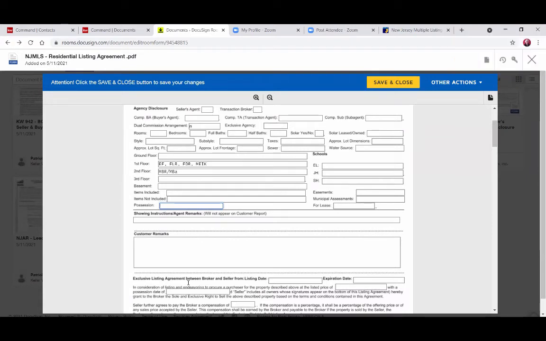However, if the seller wants a quick close for any number of reasons, they'd put down 0 to 30. Maybe they're already out of the house. And so you bring in a buyer who wants a 60 to 90 day close, it becomes a point of negotiation.